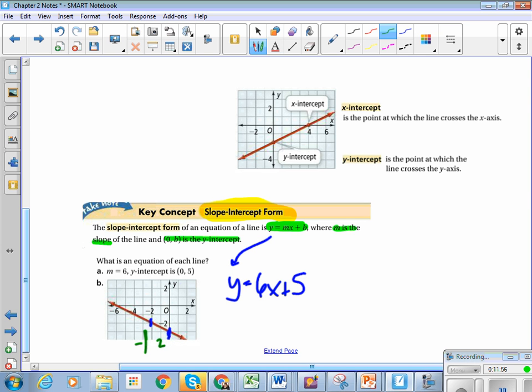So for B, my slope is rise over run, which is -1 over 2. And then in the equation, I have the x after the slope. And then my y-intercept is here at -3.